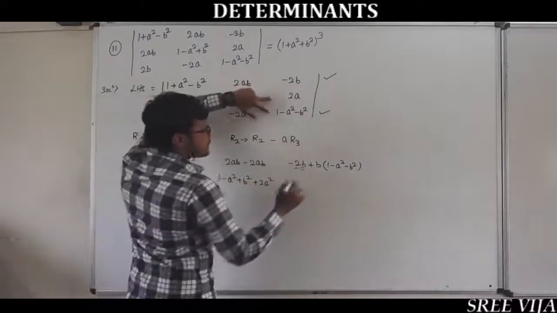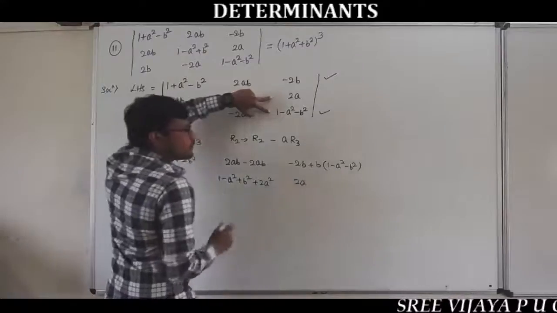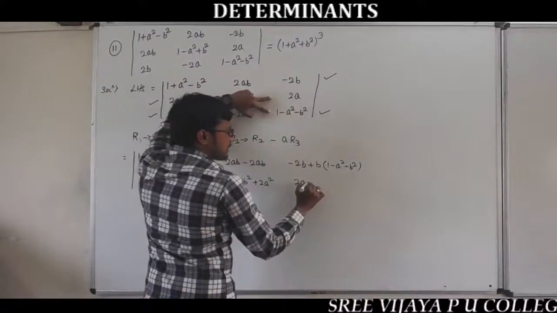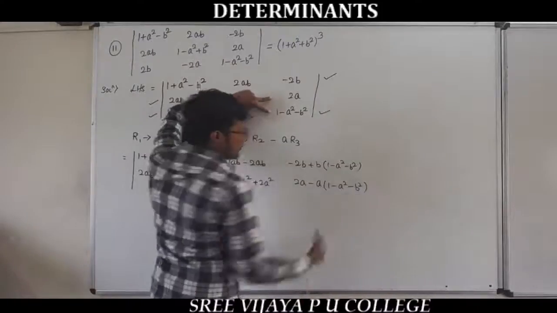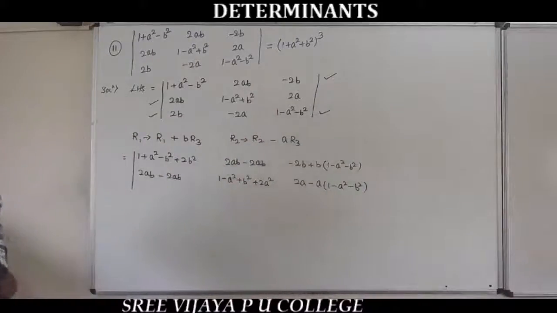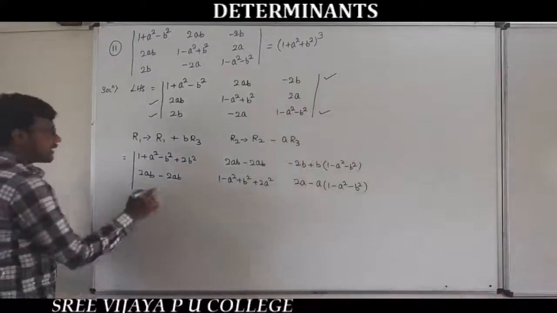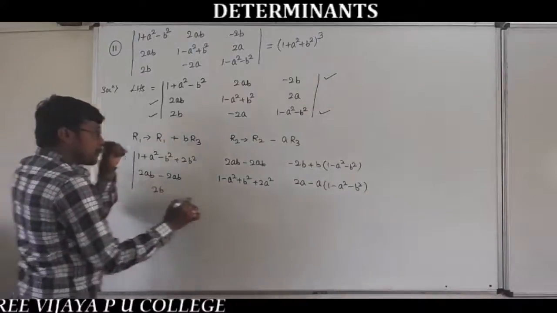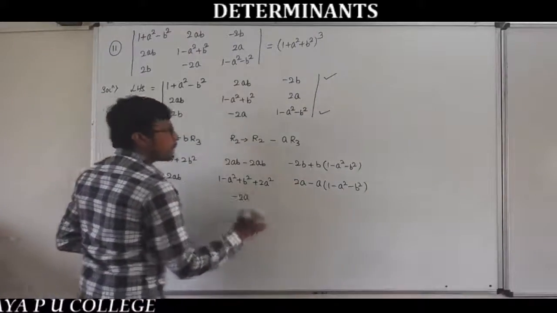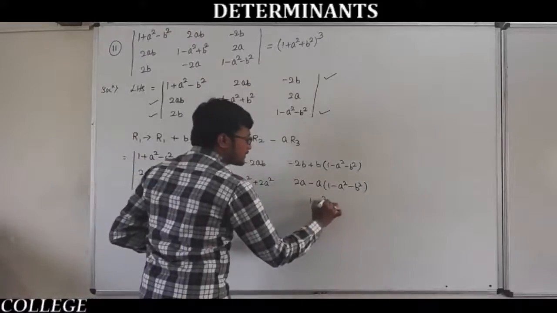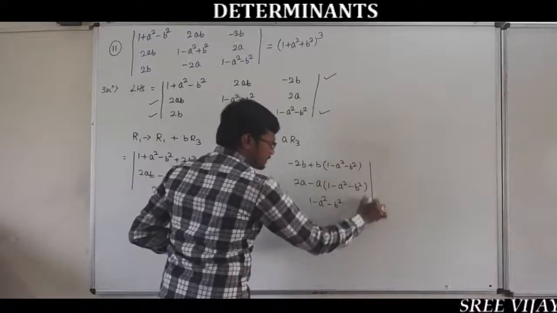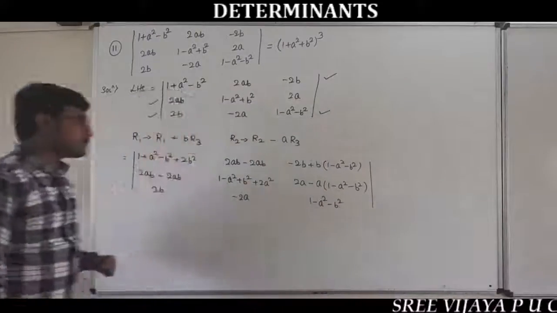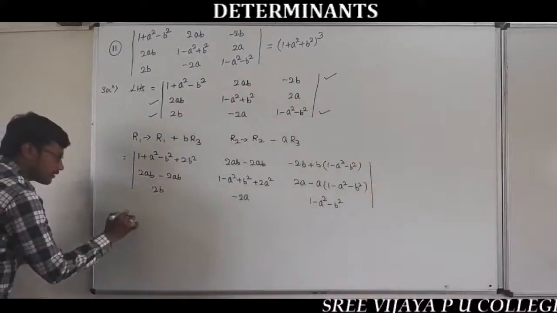So this one and this one: 2a minus a into this one is minus a into 1 minus a square minus b square. So got it? What about R3? As it is. So 2b minus 2a, 1 minus a square minus b square. So got it? Now simplify here.